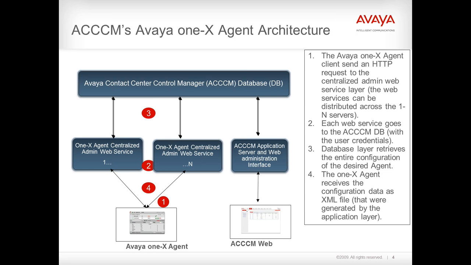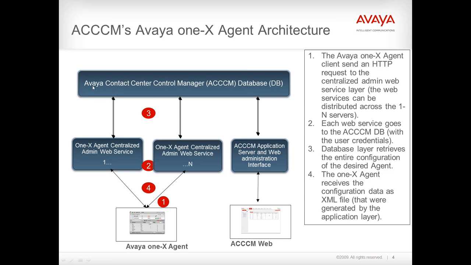Based on the user authentication type, either database or basic authentication, SSO, or credentials, the ACCCM 1X web service will either send the authentication request to the domain controller or check against the local database whether the username and password are correct.